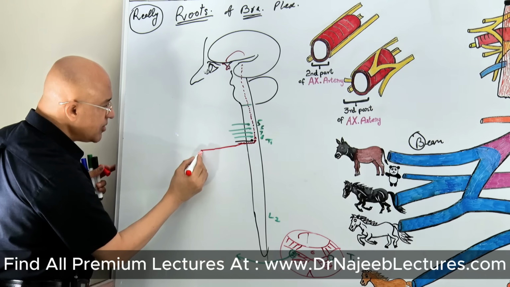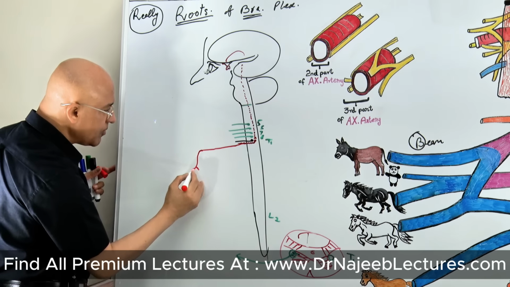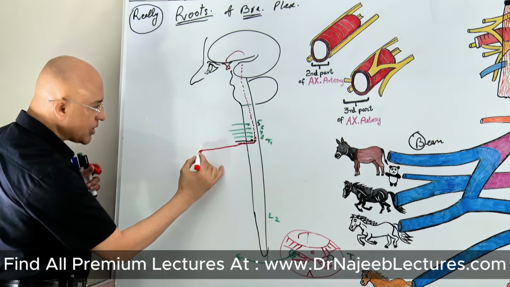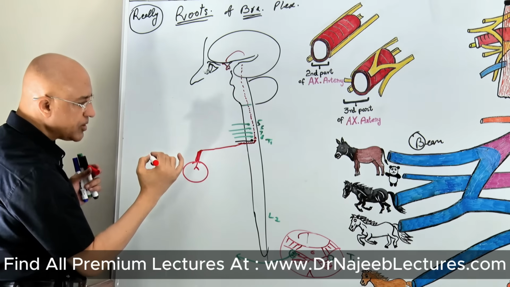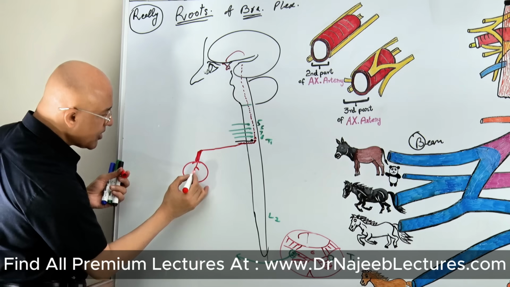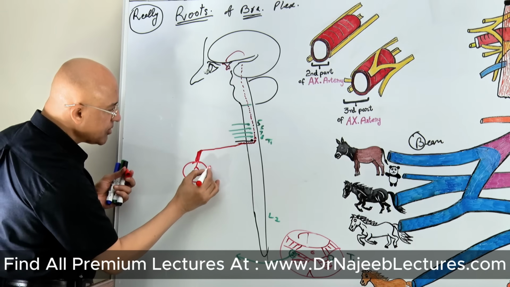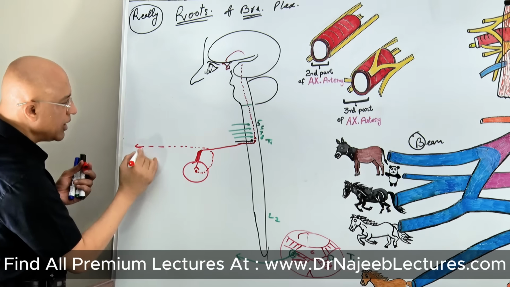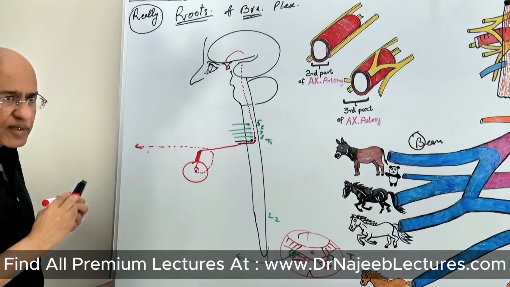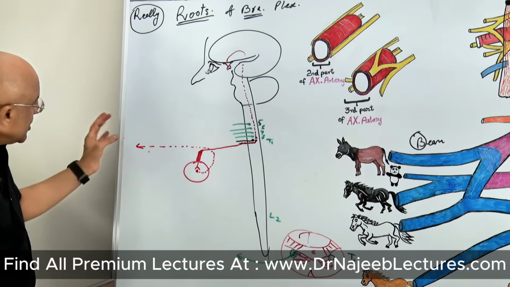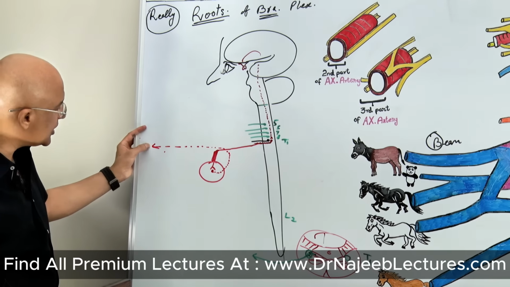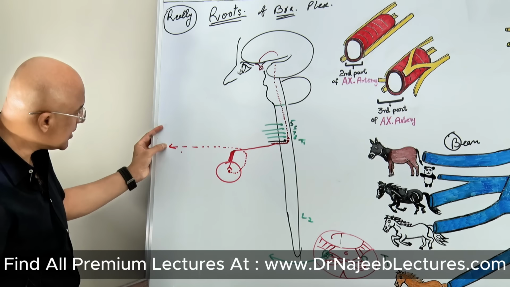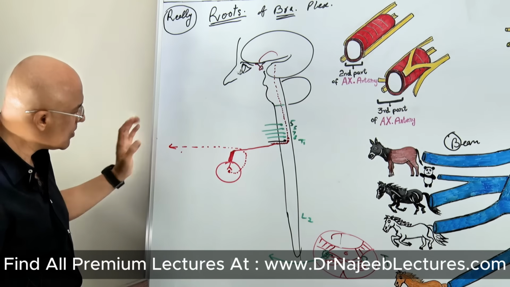These fibers, preganglionic, will go to the ganglion. Now what is this? This is white ramus. What is this? White ramus. From here, gray ramus fibers will go back and supply sympathetic innervation to the related dermatomes and myotomes, right, and vasomotor system.